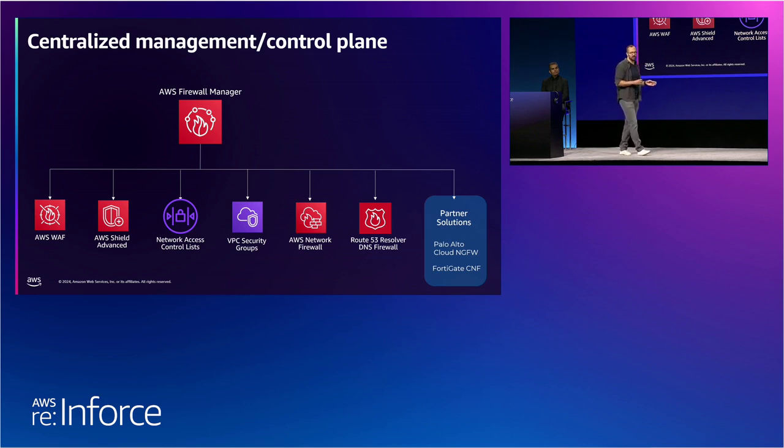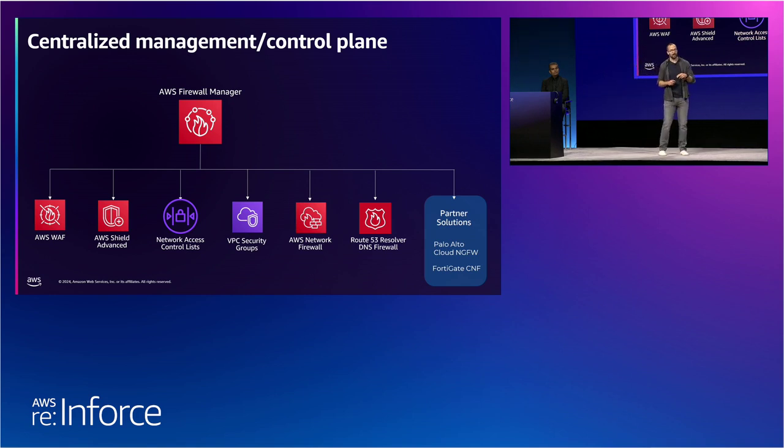And if that's what you want, you can use AWS Firewall Manager, which is the central way to control security policies within your organization across a number of different services. So we saw WAF, you can use it for Shield. Recently we added even network access control lists, security groups, network firewall, DNS firewall. There's components that we haven't talked about. And we also have partner solutions.